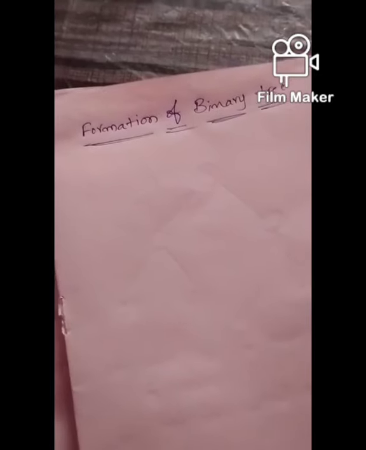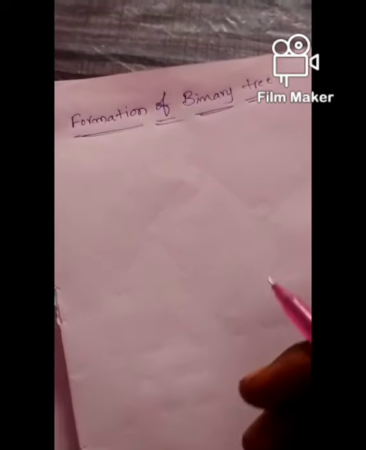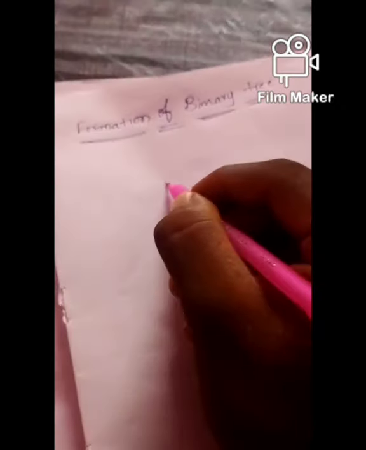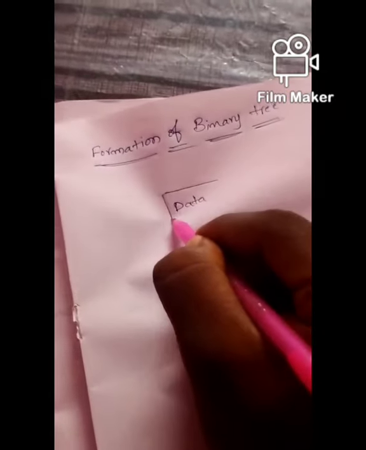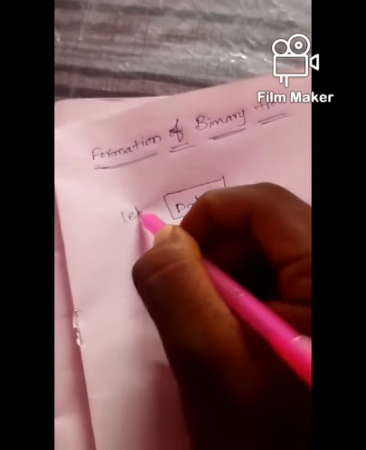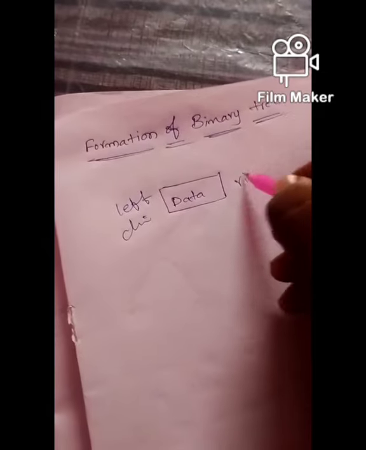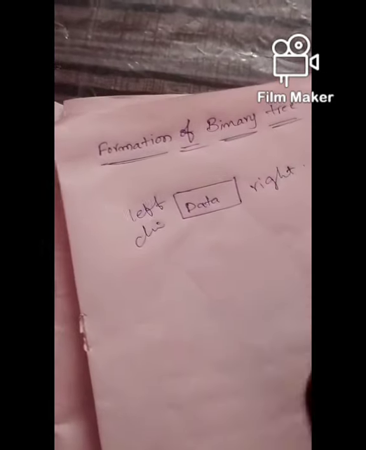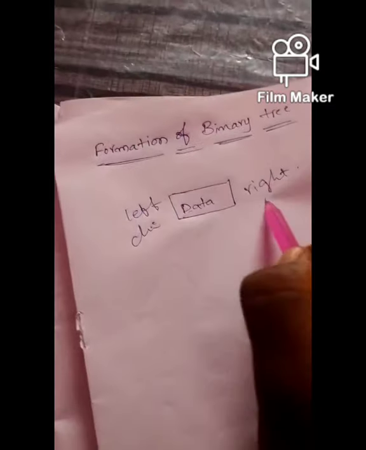The next one is the formation of a binary tree. How does it form? First, data. Here data is the center one, and then here the left child and here the right child. This is the formation: first data, then left child, right child.